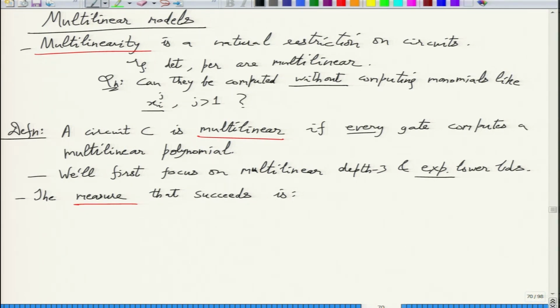It will actually look at specific derivatives, and in particular we will partition the variables into two parts depending on what kind of circuit we are looking at, and the matrix of derivatives will have rows indexed by monomials in one part of the variables and columns indexed by monomials in the other part of the variables.